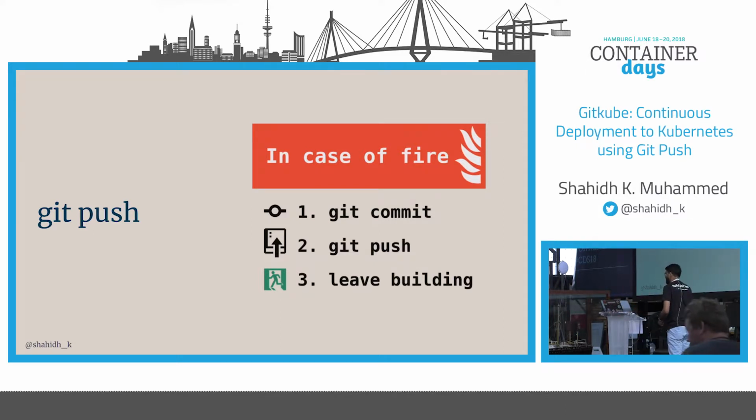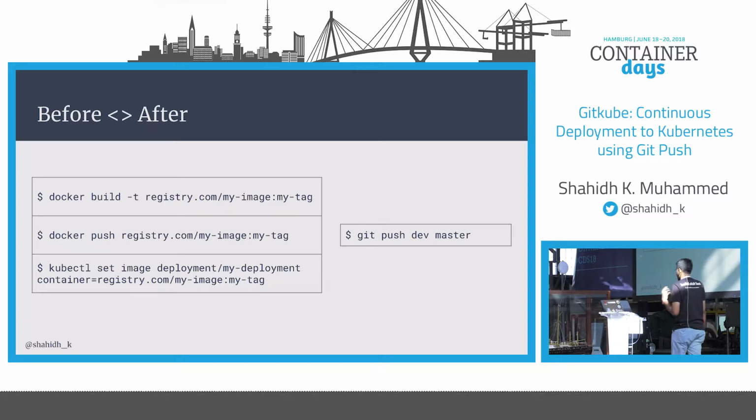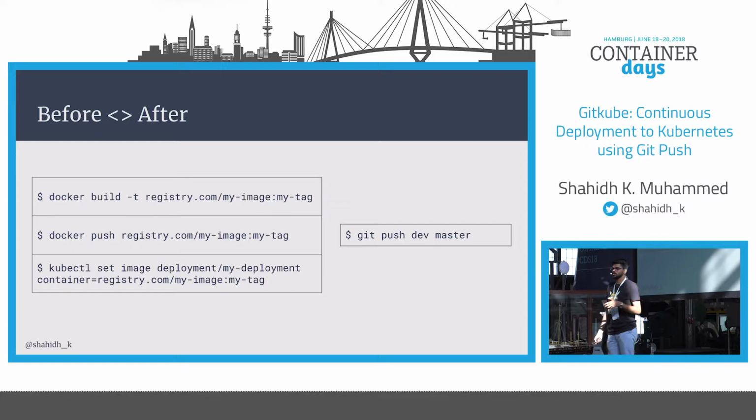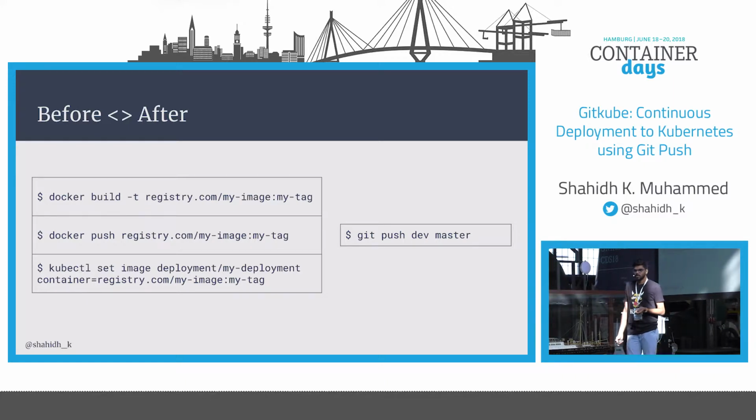Okay, no problem. So, if you have used Docker and Kubernetes, this is what your normal workflow would look like. You would write code, you will have a Dockerfile, you do a docker build, you do docker push, then you use kubectl to set the image name to the new image that you built.